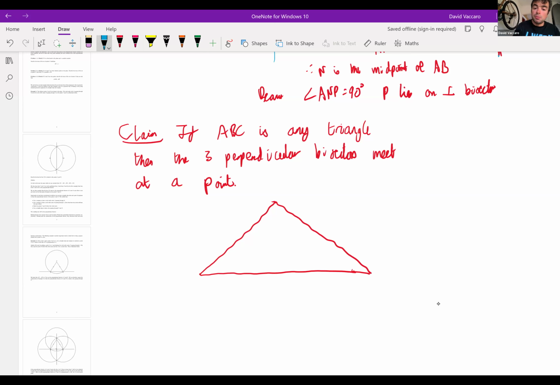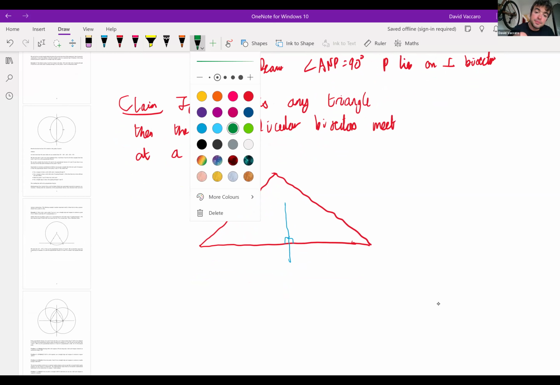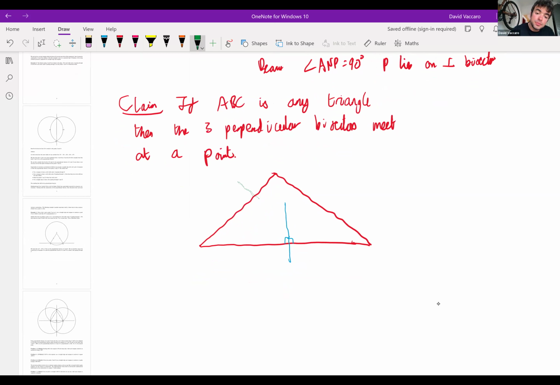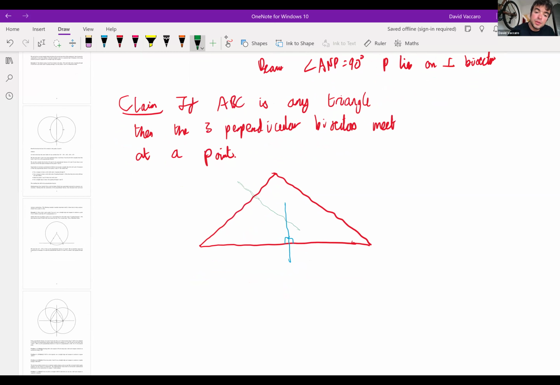So if I draw the first perpendicular bisector, that's just a line. If I draw a second perpendicular bisector, that's another line. And why will those two lines for sure intersect? Well, two lines intersect as long as they're not parallel.